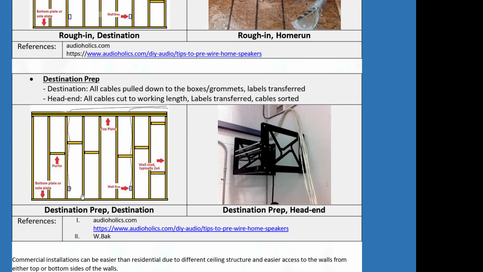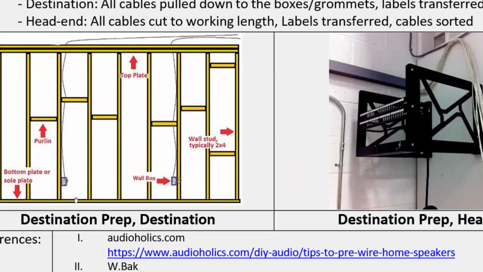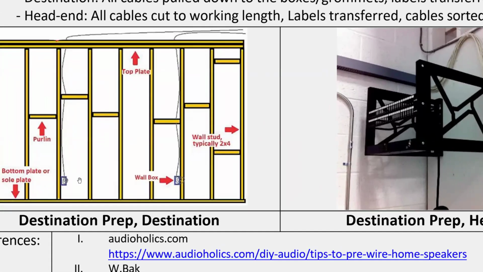What I do quite often, when I see a raw drywall, not painted, not plastered or whatnot, I'm going to install a jack, and I'm going to use that little foil packaging that the jack came in, put that on top of that jack and maybe just wrap it with electrical tape so the dust doesn't get in there.